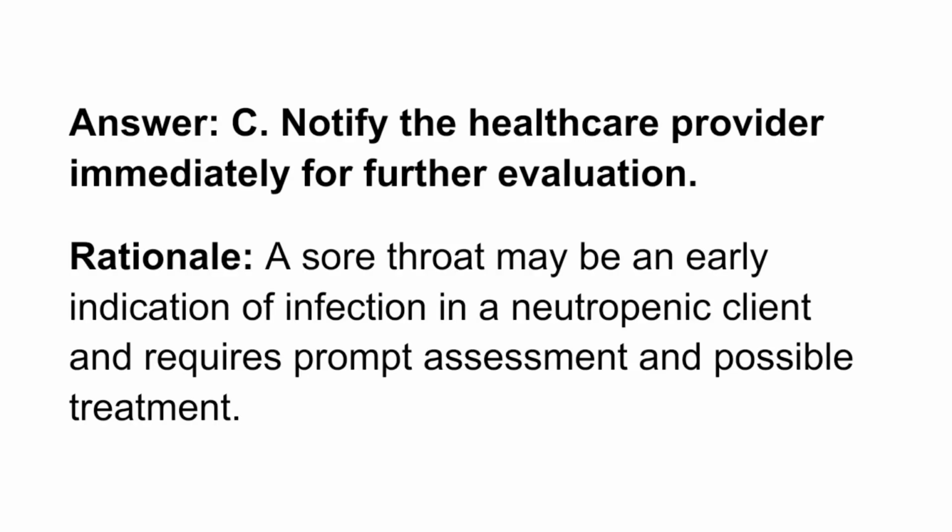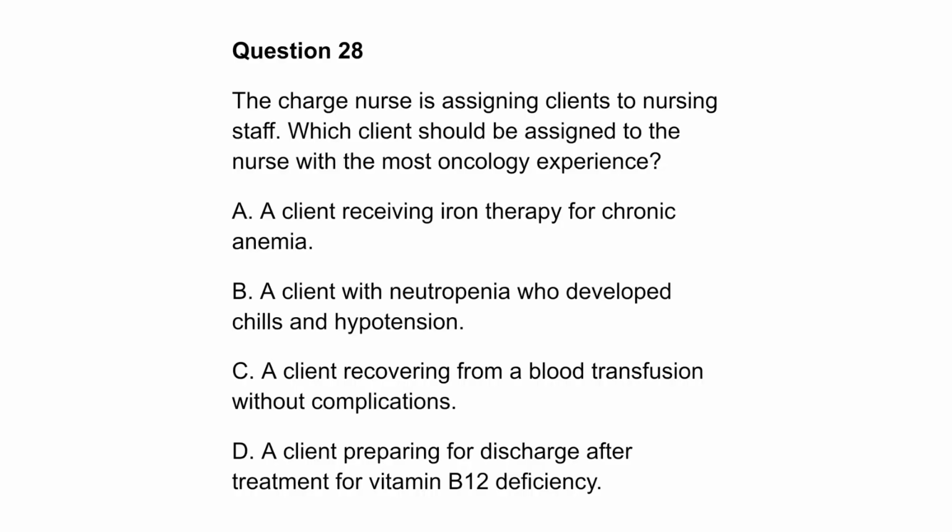possible treatment. Question 28. The charge nurse is assigning clients to nursing staff. Which client should be assigned to the nurse with the most oncology experience? A. A client receiving iron therapy for chronic anemia. B. A client with neutropenia who developed chills and hypotension. C. A client recovering from a blood transfusion without complications.